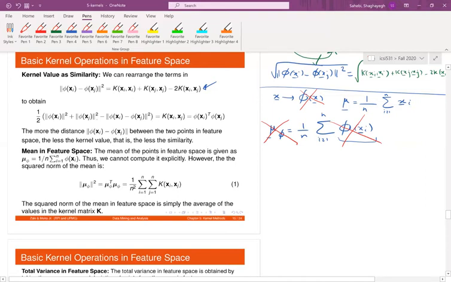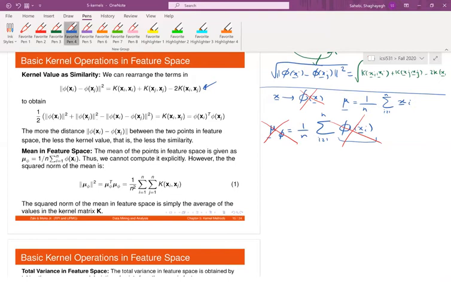But let's see if we can calculate something else. You remember when we calculated the covariance and variance and all of that, we needed the mean, right? But we could rewrite the covariance and variance in a way that we only need the norm of our mean data point.